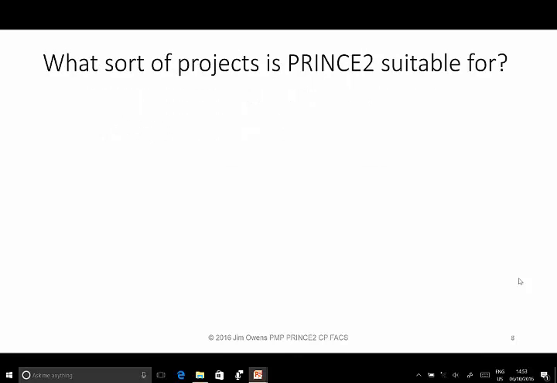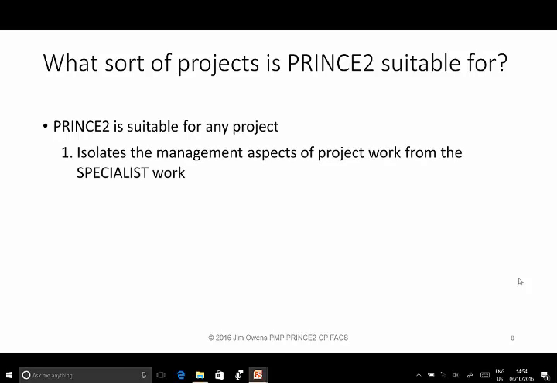What sort of projects is PRINCE2 suitable for? PRINCE2 is suitable for any project, in any sort of business or any size of business, in any location or culture. It achieves this in two ways. Firstly, by isolating the management aspects of the project work from the specialist work. And as we saw on the previous slide, the project manager focuses on the management aspects.